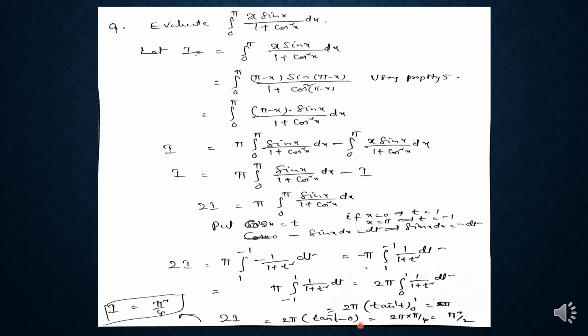Tan inverse 1 value is pi by 4, and tan inverse 0 is 0. So that is 2 pi into pi by 4, which is pi square by 2. So 2I is equal to pi square by 2, then I is equal to pi square by 4. So this is the solution.